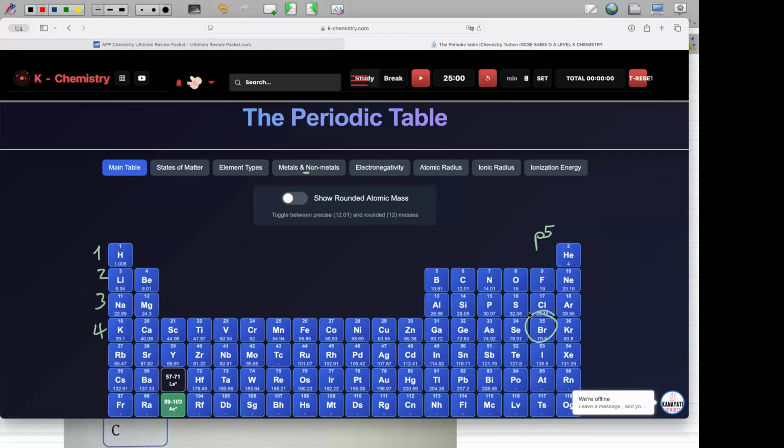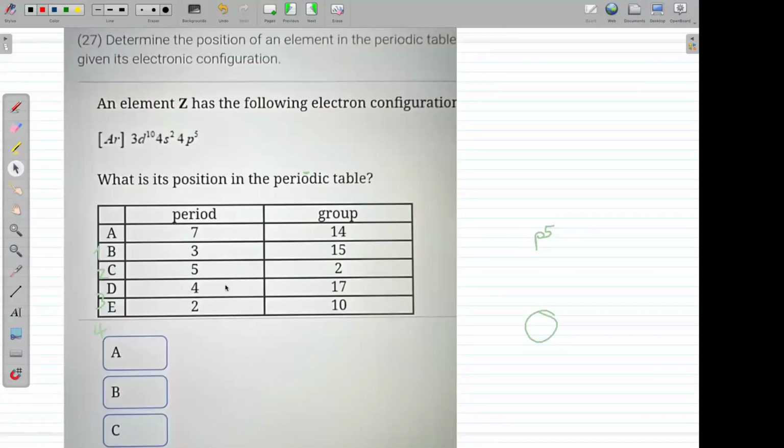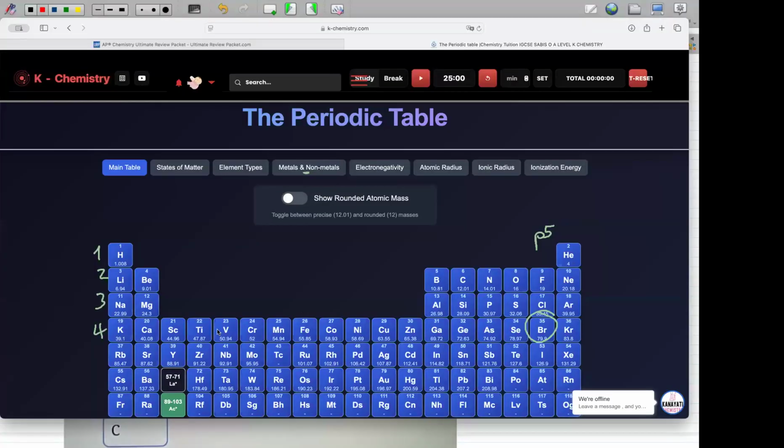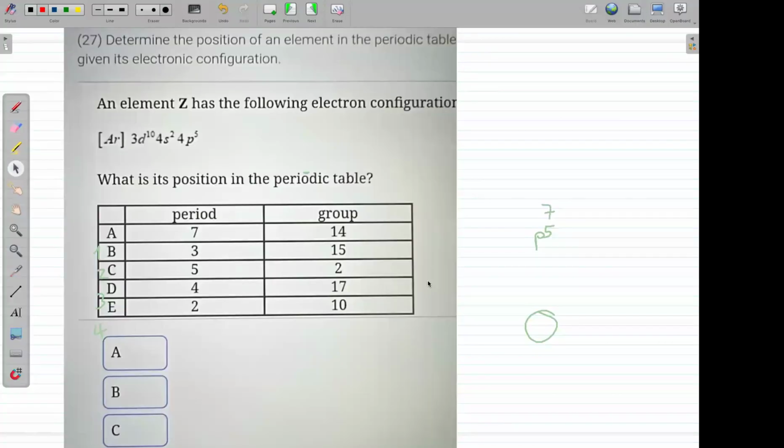Then automatically I will know that it is bromine in one second. So it is in group number 17 and in period number 4, which is our answer. D is our correct answer: 4 and 17.